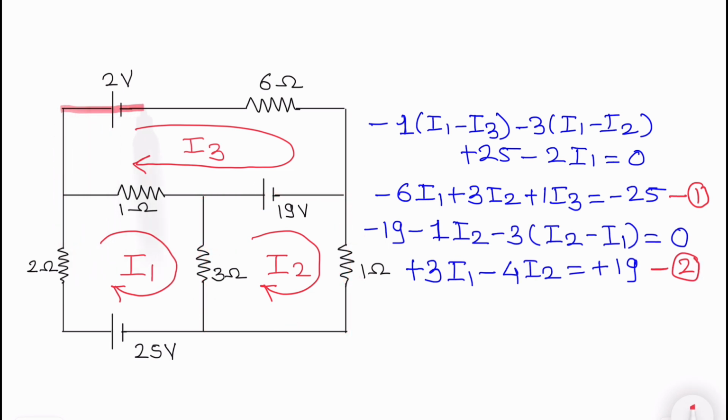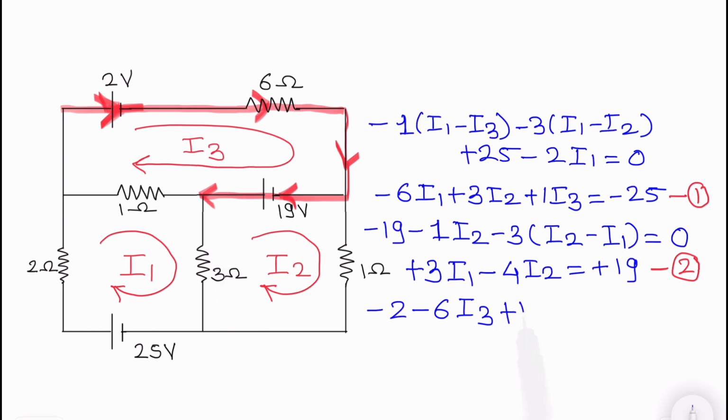Third mesh equation: minus 2, minus 6 I3, no component over here, plus 19, minus 1 (I3 minus I1), no component over here, so equals 0.